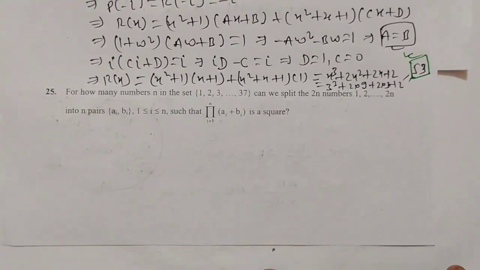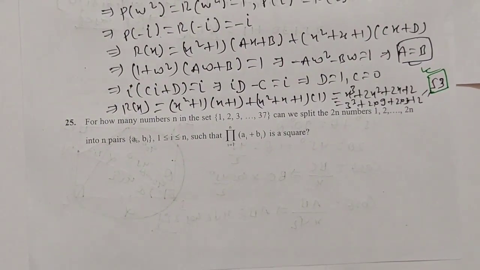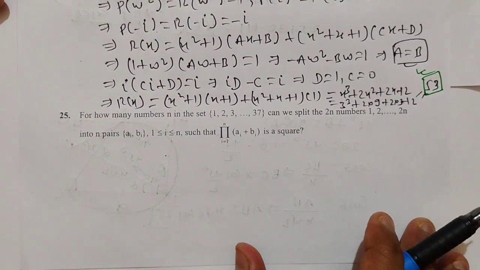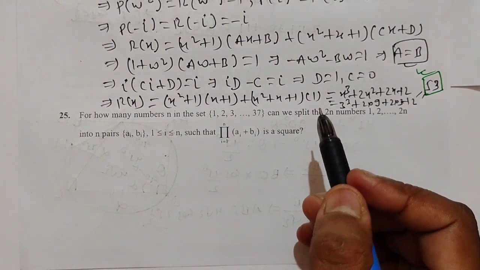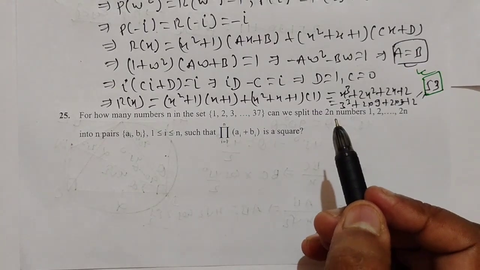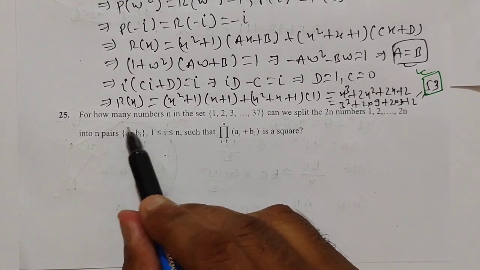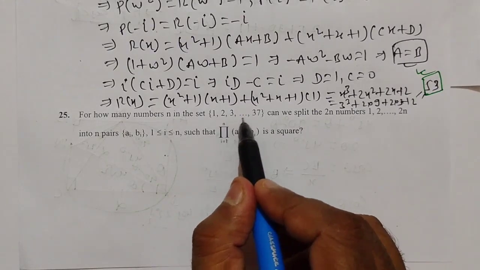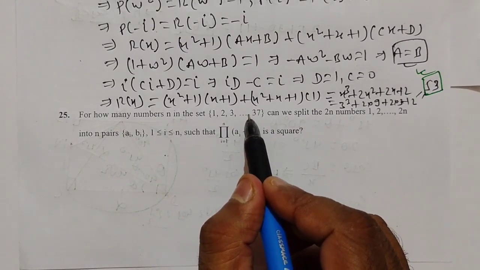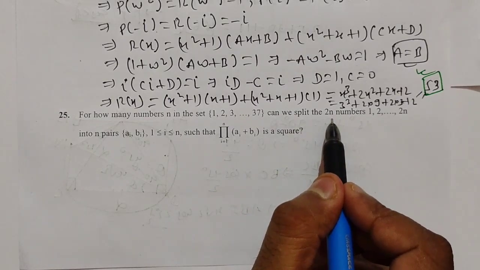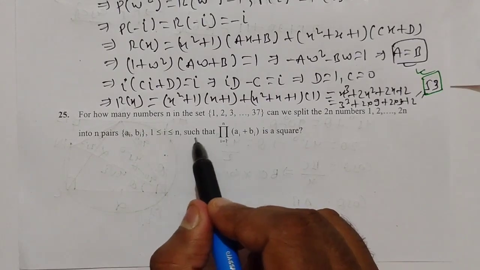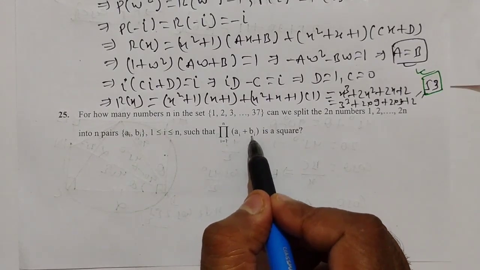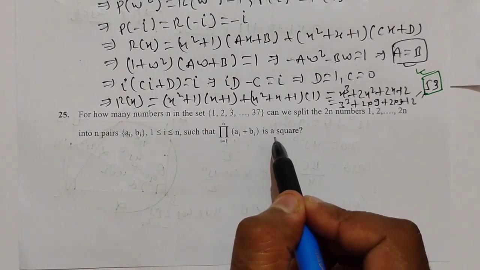Now the problem number 25 we have. In this problem, for how many numbers n in the set 1, 2, 3 up to 37 can we split the 2n numbers 1, 2 up to 2n into n pairs (a_i, b_i), 1 ≤ i ≤ n, such that the product of (a_i + b_i) from i = 1 to n is a square.